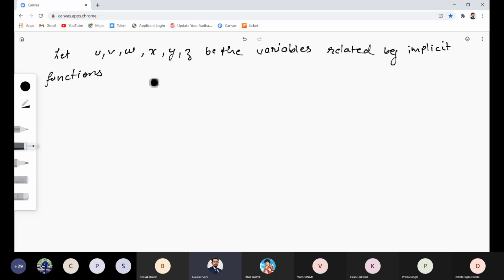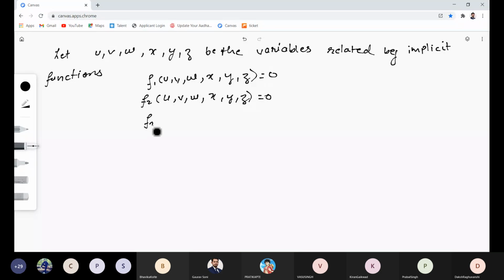So we'll have f1 of u, v, w, x, y, z equal to 0, f2 of u, v, w, x, y, z equal to 0, f3 of u, v, w, x, y, z equal to 0.